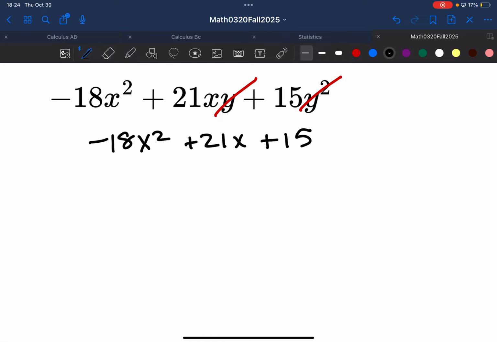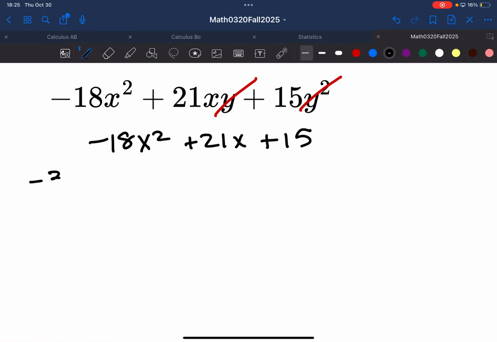So before I factor this, I need to first ask myself, can I take out a GCF? Yes. What would that GCF be? Okay, 3 would work, but typically we don't like negatives in the front. So let's take out a negative 3 to resolve that problem.